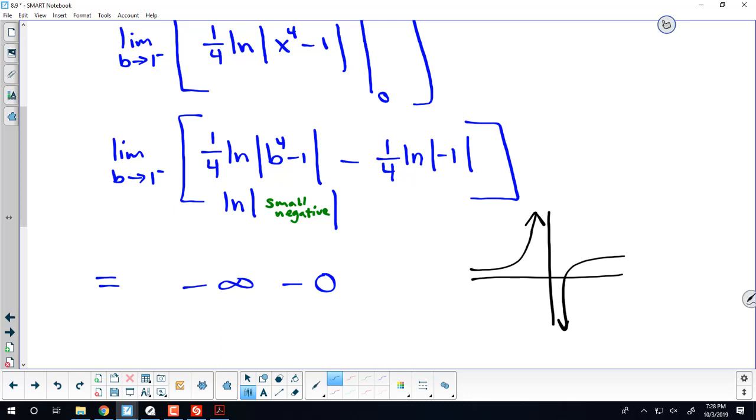But it's a little more specific than that, because this negative infinity tells us what about the divergence or the infinite area. It's negative, which means it's below the x-axis, right? So, I mean, you can get a little bit of information out of that. But in general, the direction matters.